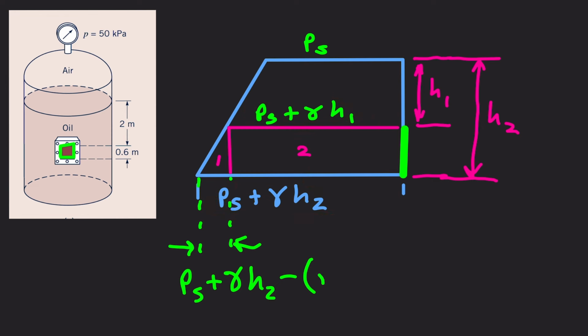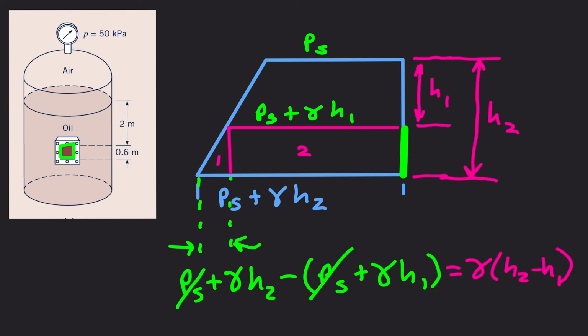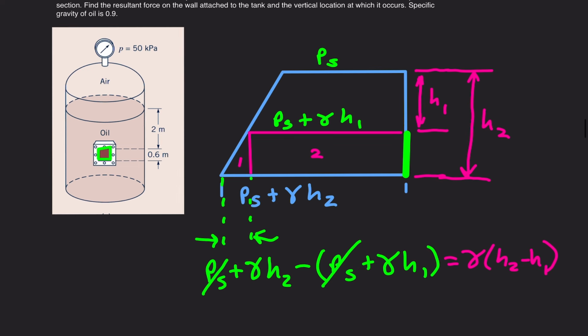Okay. PS plus gamma H1. Now if we solve for this, PS minus PS, we're left with gamma times H2 minus H1. Okay. Now, go ahead and write 0.6 here, meters.